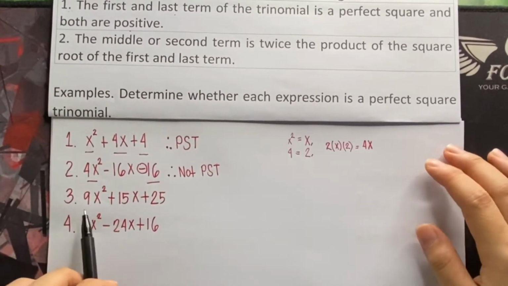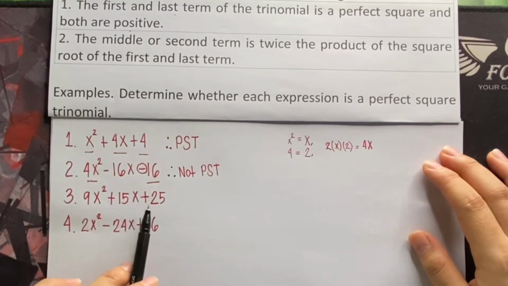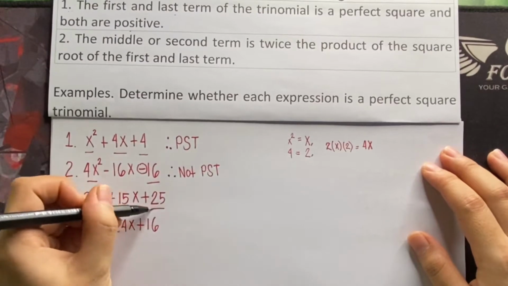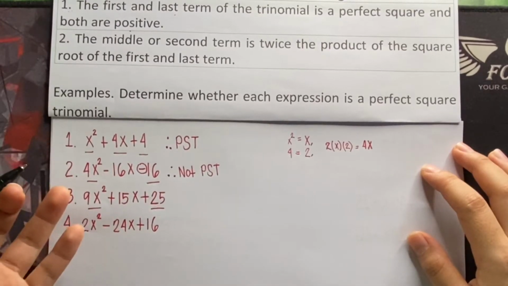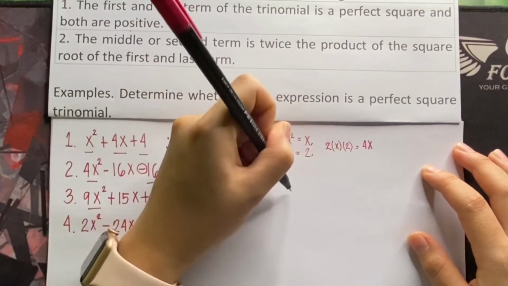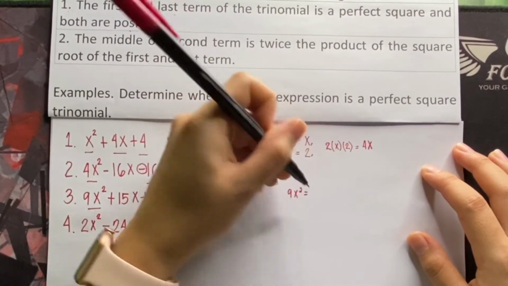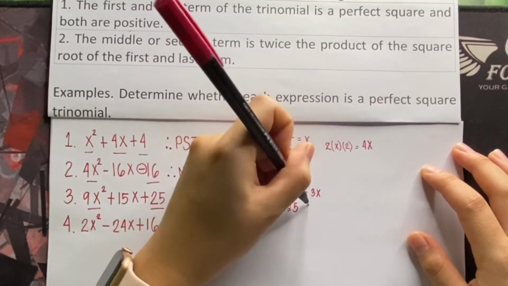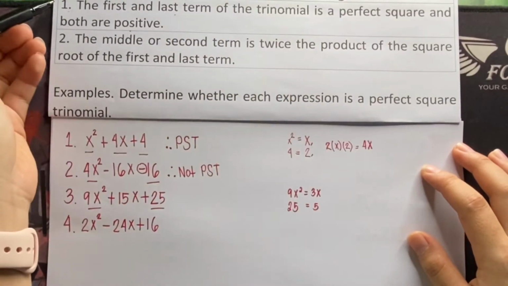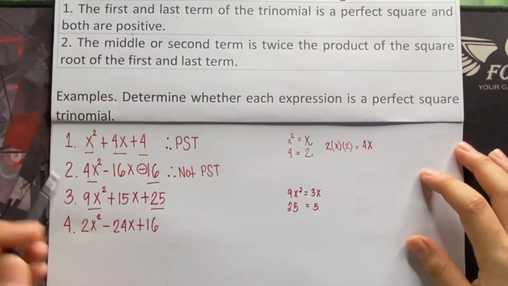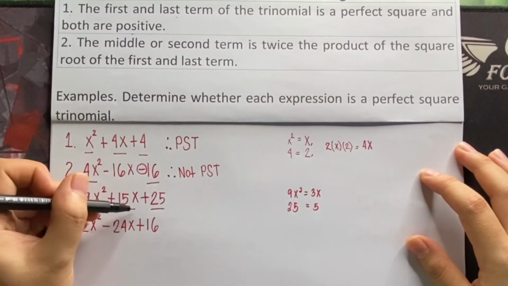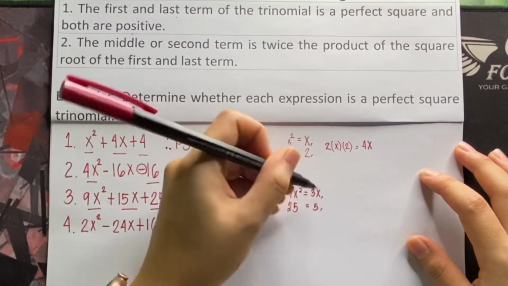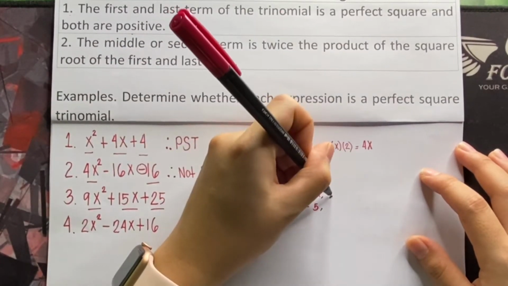Third, 9x squared plus 15x plus 25. So, unang term, positive. Pangatlong term, positive. Let us get the square root of the two terms. Ano ang square root ni 9x squared? 3x. Anong square root ni 25? 5. So, nag-satisfy na sa first condition. How about the second condition? Dapat 15x ang kalalabasan pag tinimes natin ang dalawa at minultiply natin sa 2.